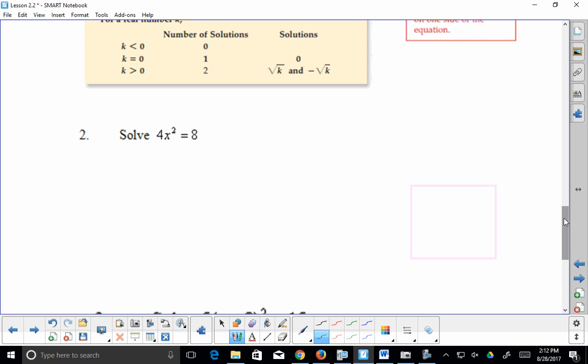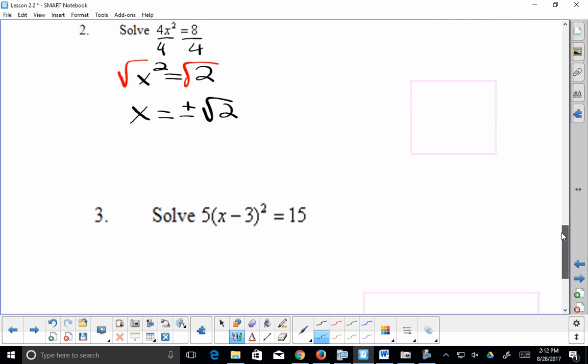Divide by 4, and take the square root of both sides. And don't forget what? Yep, plus or minus the square root of 2. Whenever you're taking the square root of both sides, you get a positive and a negative, two different answers.